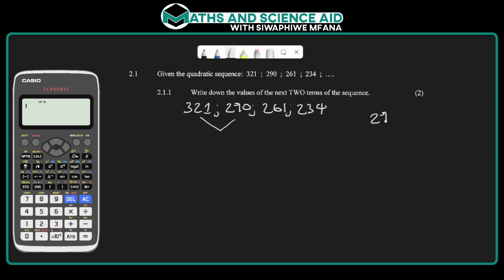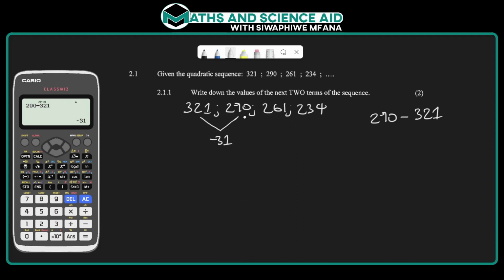So we say 290 minus 321. And using our calculator, we can find that this is equal to negative 31.